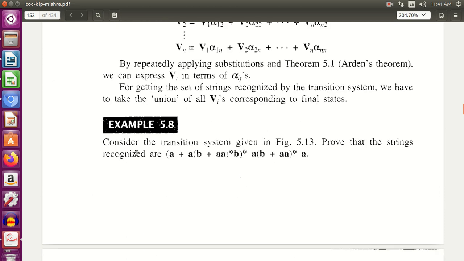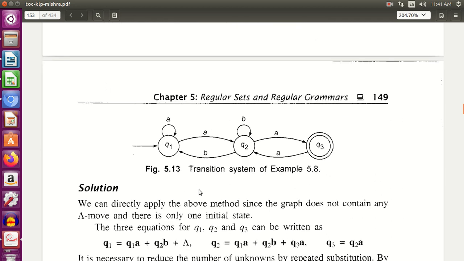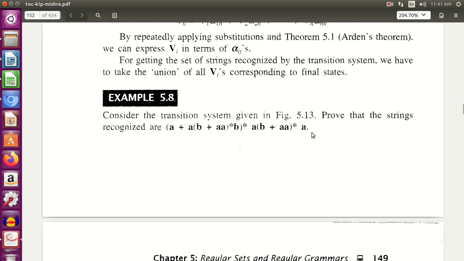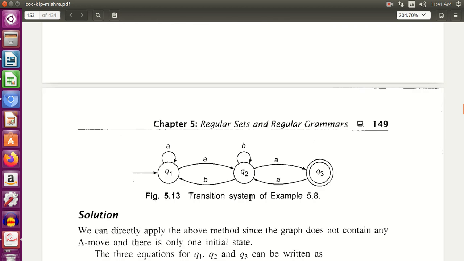Consider the transition system given in the figure and prove that the strings recognized are this and this. So the regular expression is also given to you in this case, and you are asked to prove that this transition system is actually equivalent to this regular expression. So basically you have to derive the regular expression from the transition system.